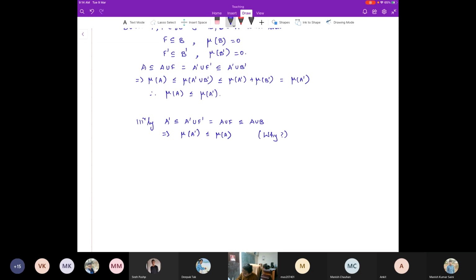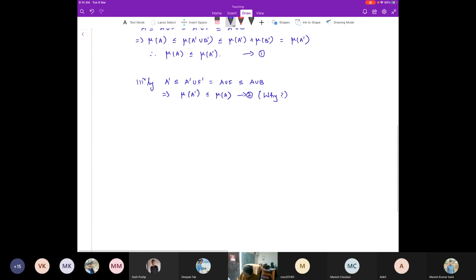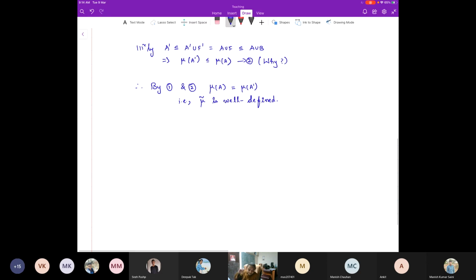I want you all to write it, therefore I am putting this Y. So let me call this as 1, this one as 2. Therefore, by 1 and 2, mu of A equals mu of A dash. That is, mu tilde is well defined.